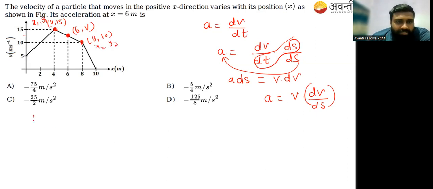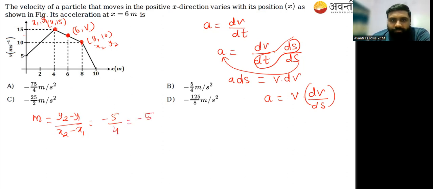So we know that the slope of a line is given by y2 minus y1 divided by x2 minus x1. Now, y2 minus y1 is 10 minus 15, which is minus 5, divided by x2 minus x1, 8 minus 4, which is 4. It is minus 5 by 4. You can see here the slope is negative, and the line is also slanting downward. Okay. It is not like this.